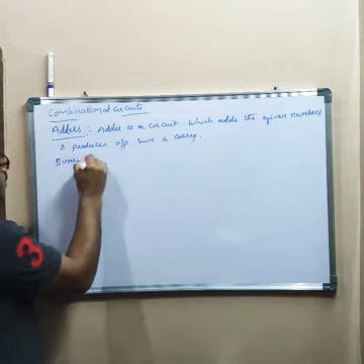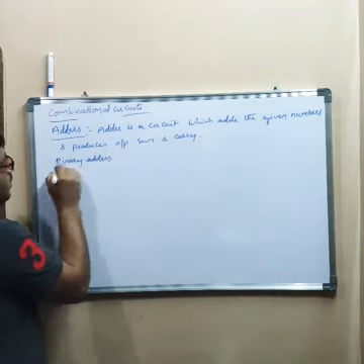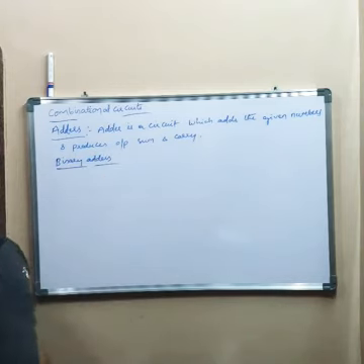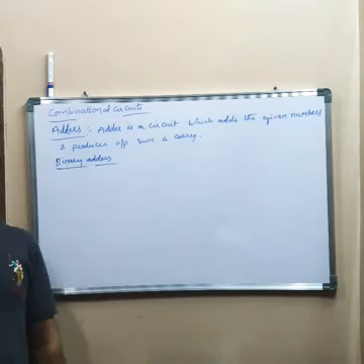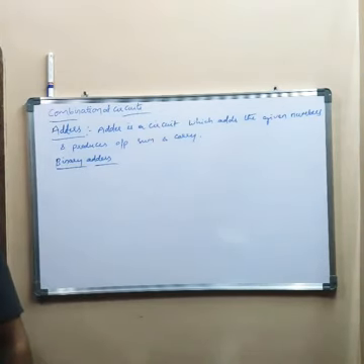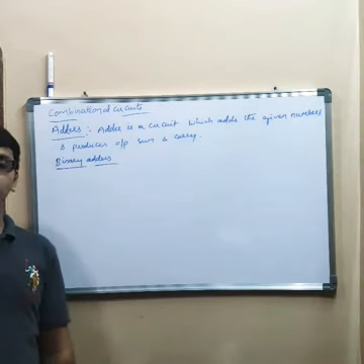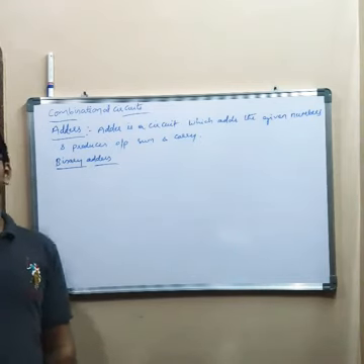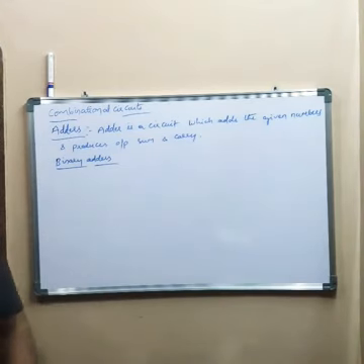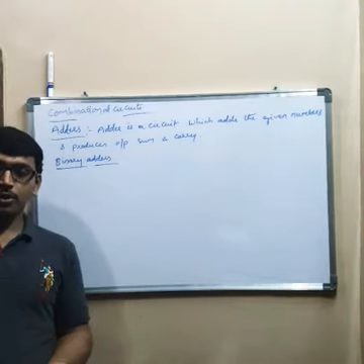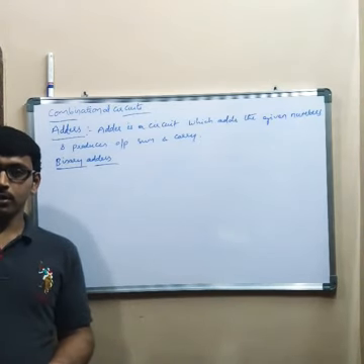Binary adders. In binary adders, the inputs we give are binary numbers, zeros and ones, and the outputs we get are zeros and ones in the form of sum and carry, right? As there are two outputs in the result, sum and carry. Already we have seen binary addition. What are the rules we have in binary addition?